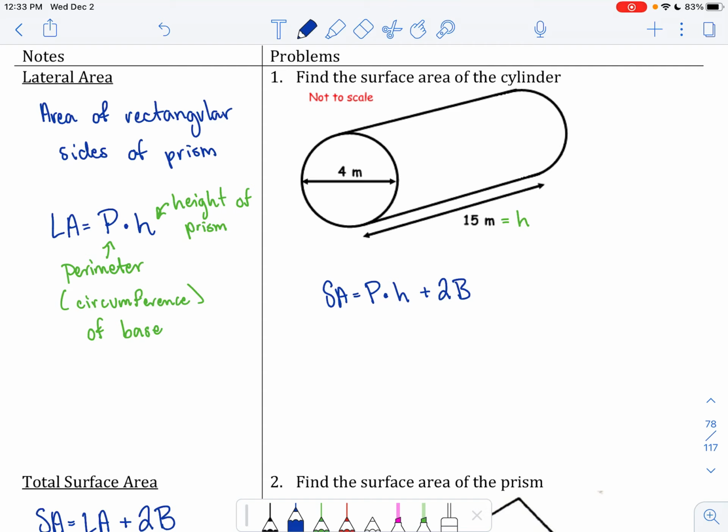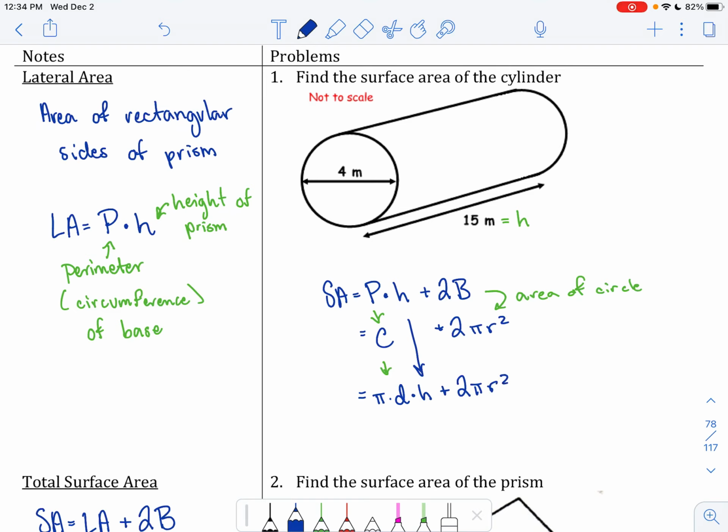Since our base is a circle, the area of the base is pi r squared. And perimeter for circles, remember, is C for circumference, which in this case is pi times diameter, and then times height carried all the way down.